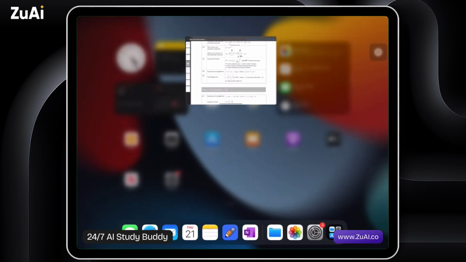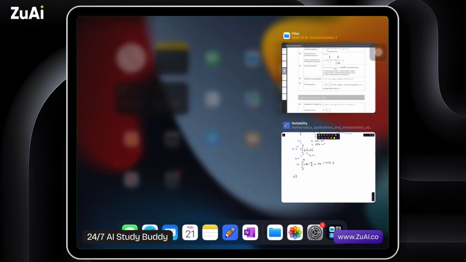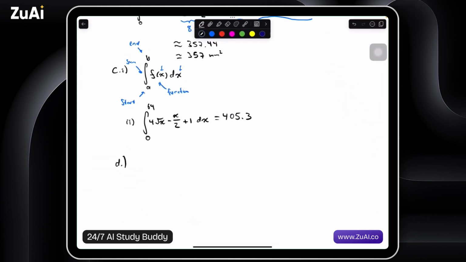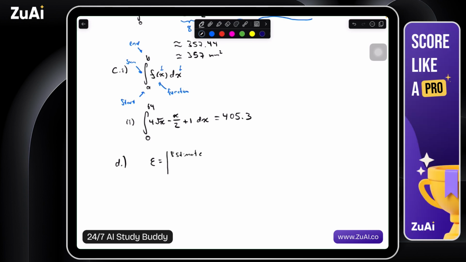So let's go back. We'll write it out and explain what's going on. So we have percentage error is equal to, and then we have these absolute value signs. I'm actually going to write it out in words. Estimate minus exact over exact.